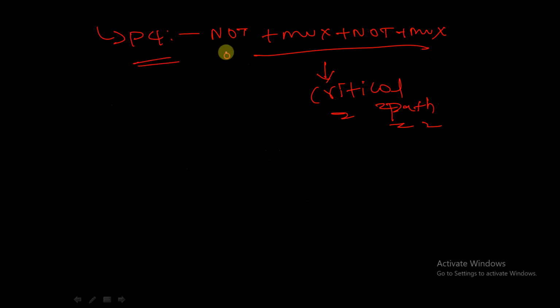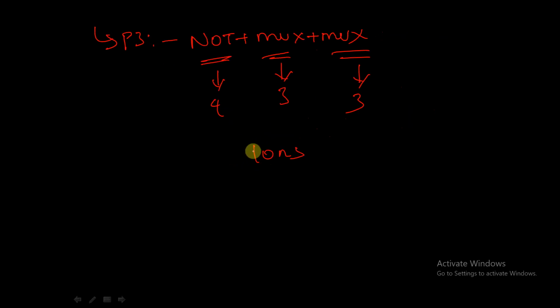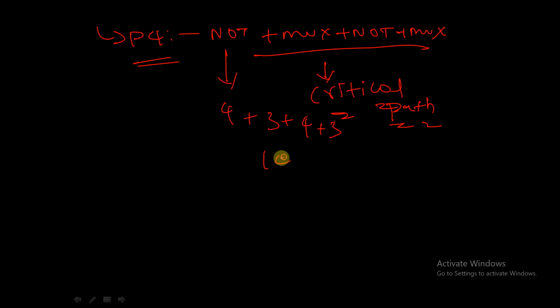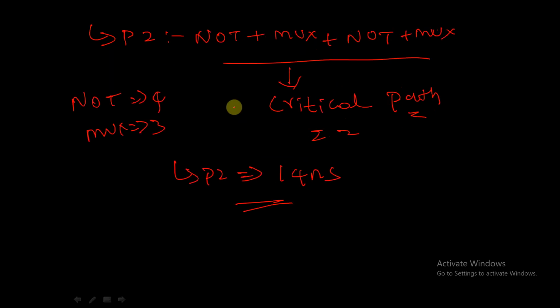And in path 4, 4 plus 3 is 7, plus 4 is 11, plus 3 is 14. This is the delay I'm getting, 14.